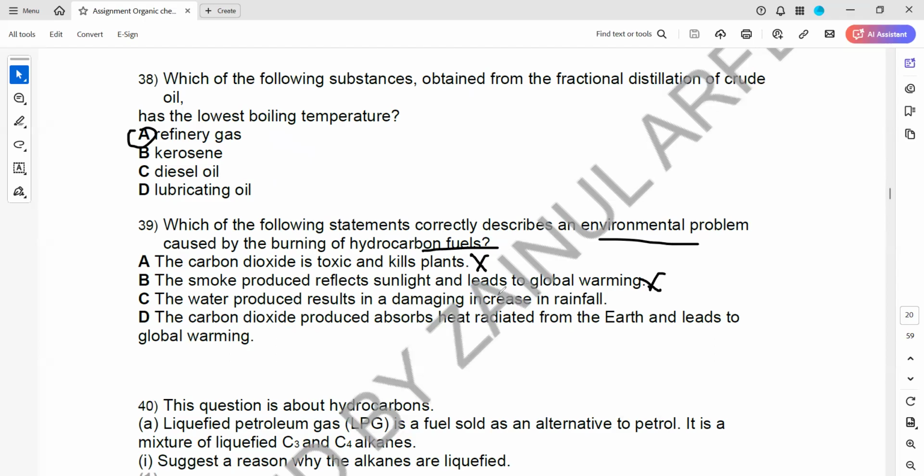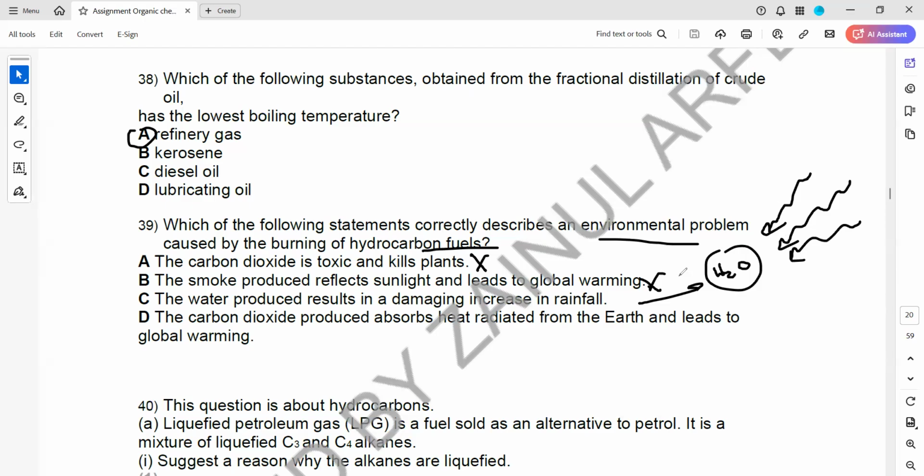The water produced results in increased rainfall, but what actually happens is this: the water which is produced is increasing the amount of radiation absorbed by the atmosphere.